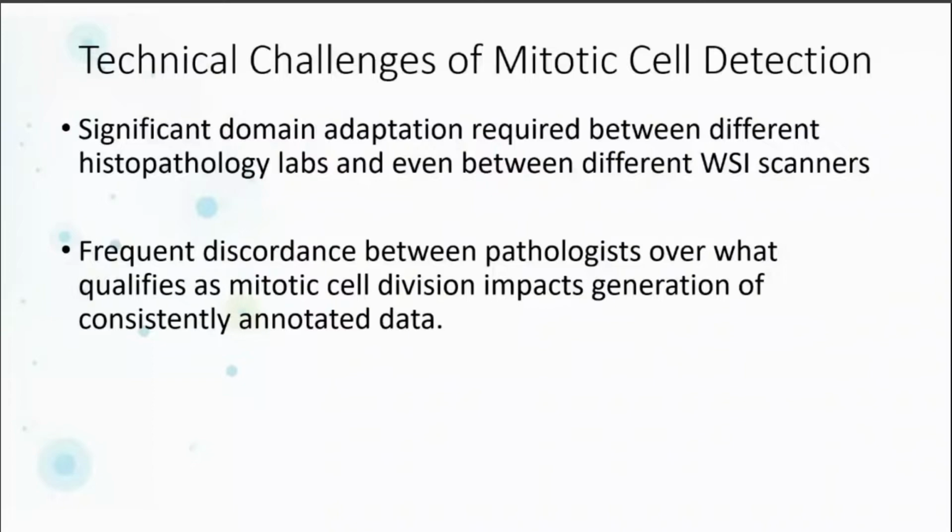Both of those factors introduce a fair amount of variability in the images, and that's one of the components that we need to account for when trying to build a modestly generalizable model for mitotic cell counting. And then, highlighted this before as well, there can be frequent discordance between pathologists over what qualifies as mitotic cell division.